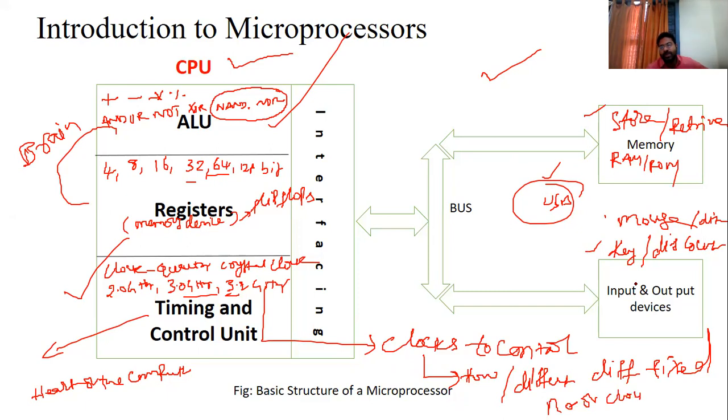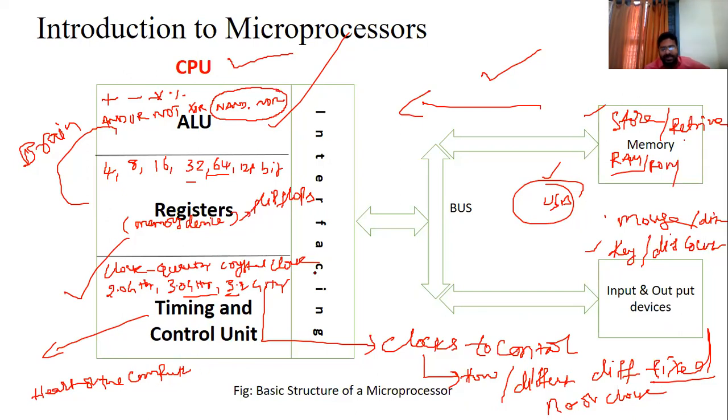For example, storing to RAM sends a fixed number of clocks, and copying information from memory to the CPU uses a different fixed number. These are fixed, not variable. It sends signals to the input output devices, or within the ALU or registers, to control them. This is the operation of the timing and control unit.